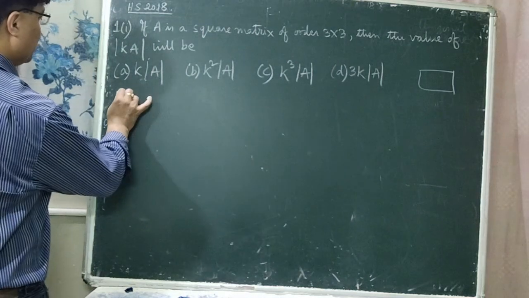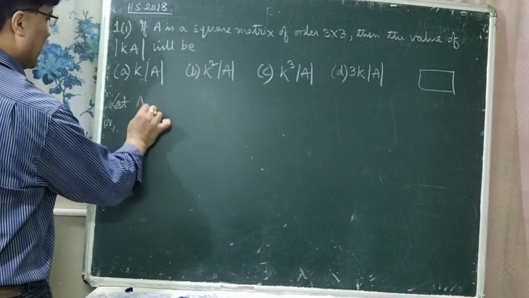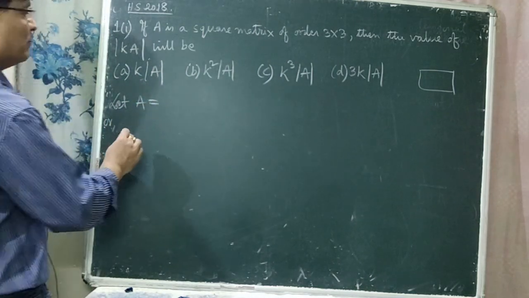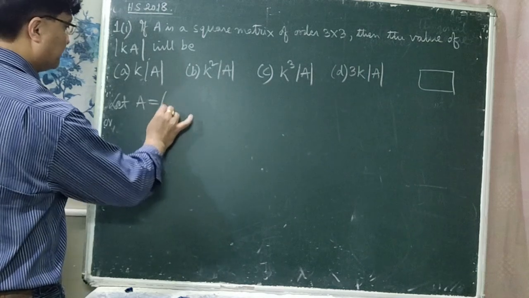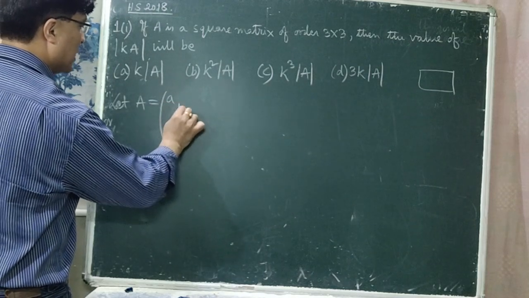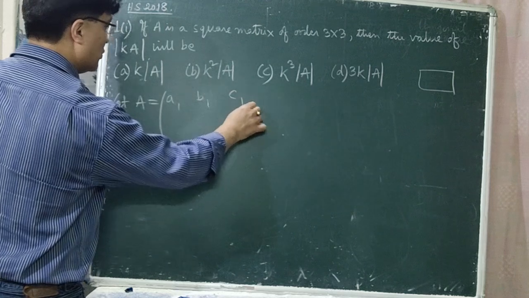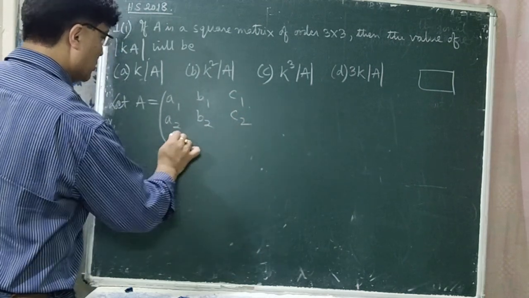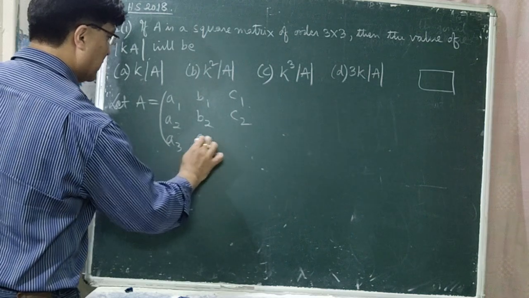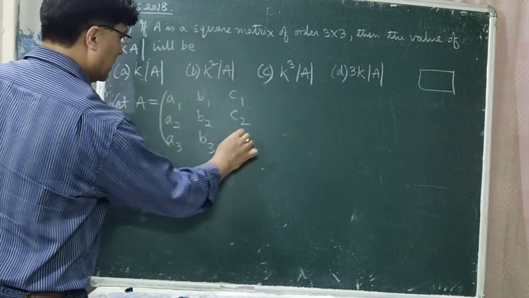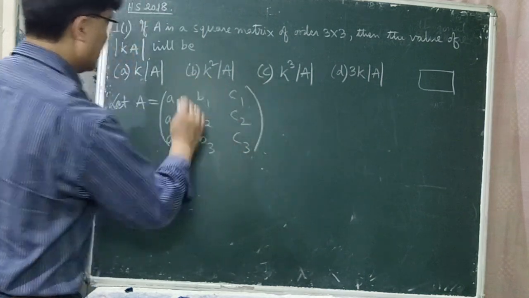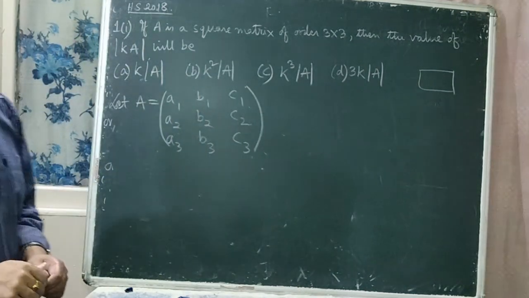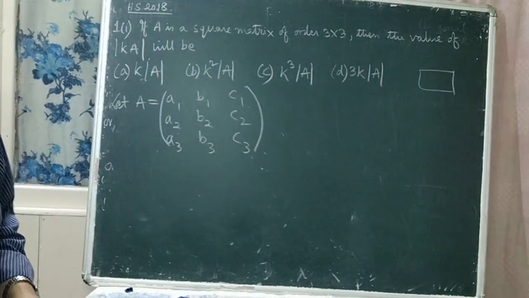So let us assume capital A as a 3 cross 3 matrix. This is a1, b1, c1, a2, b2, c2, and this is your a3, b3, and this is your c3, right? Let us consider this 3 cross 3 matrix.